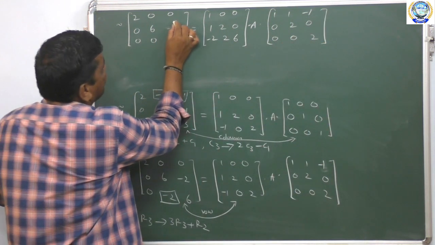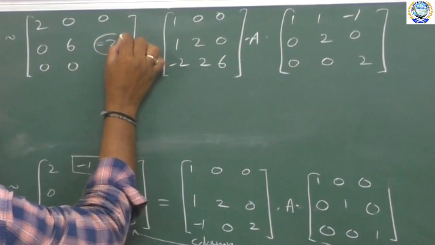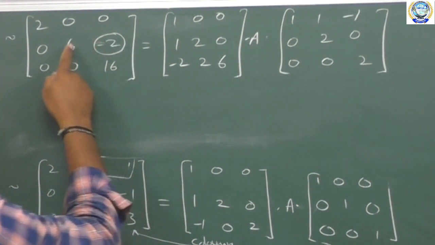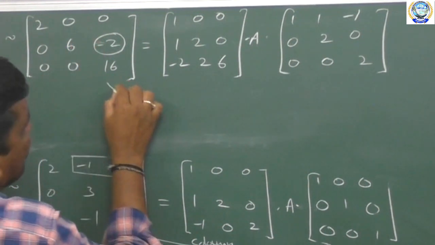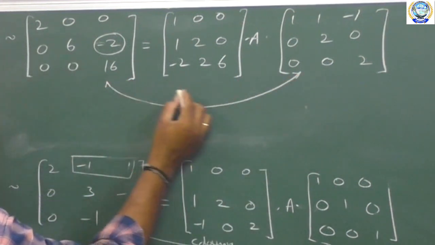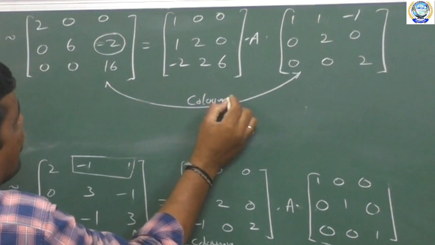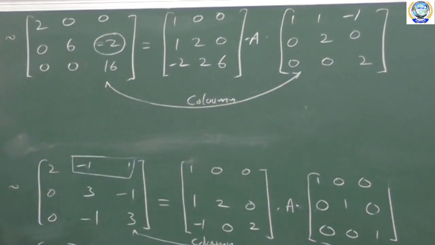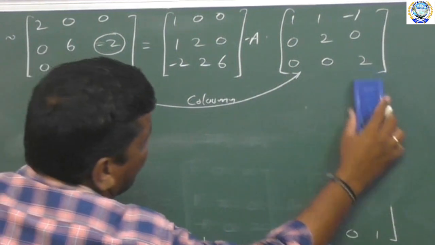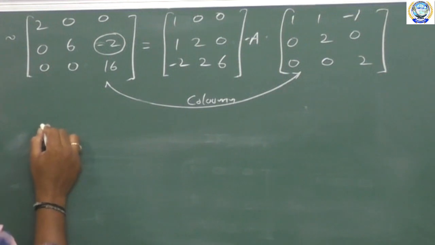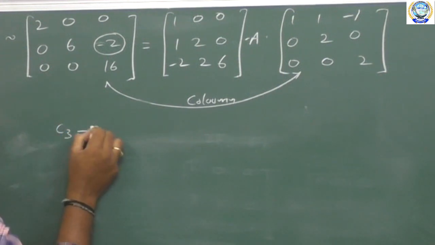Next, to reduce this element minus 2 to 0 by using the element 6 in C2, here we use column operations. The column operations will be applied to this LHS matrix and this post factor matrix.